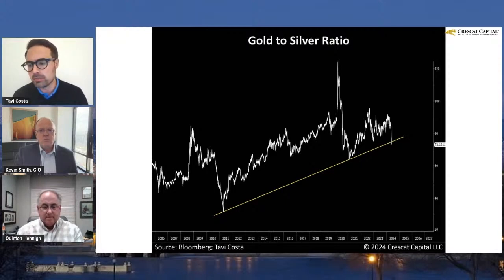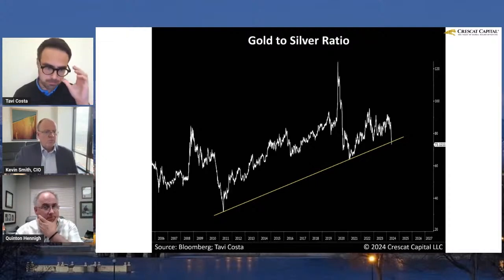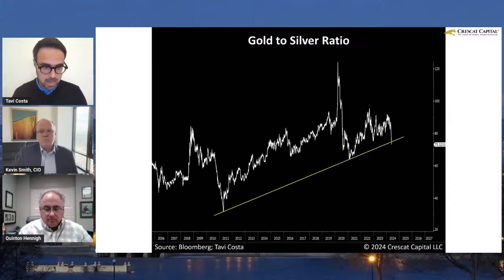This is the last day of the month. That's why I checked those numbers, and I was surprised to see how much silver was up, because the monthly candle for silver is quite significant.